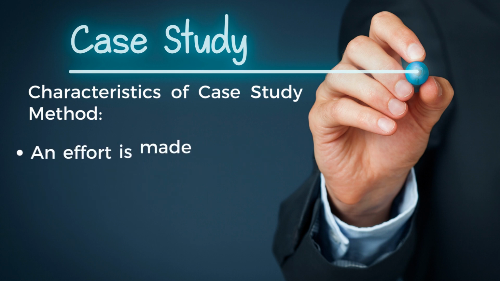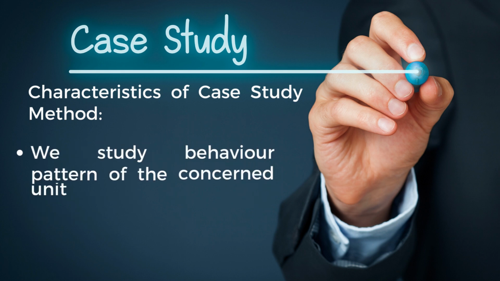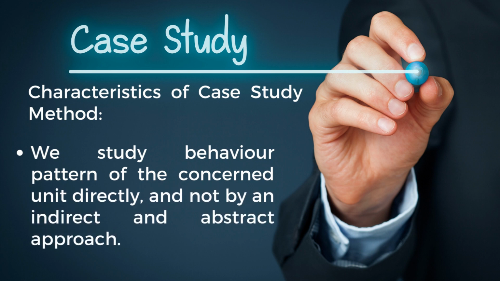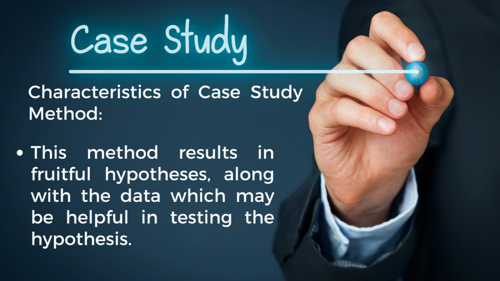Fourthly, an effort is made to know the mutual interrelationship of causal factors. We study the behavior pattern of the concerned unit directly and not by an indirect and abstract approach. This method results in fruitful hypotheses along with data which may be helpful in testing the hypothesis. So these are the characteristics of the case study method.